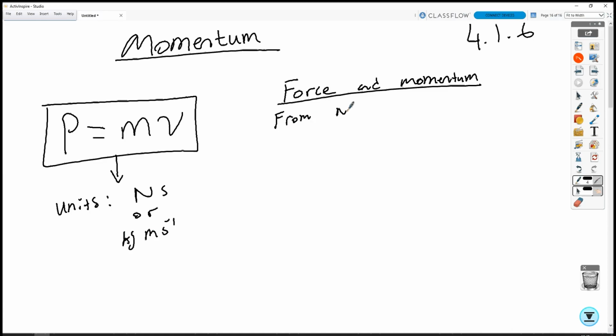So from Newton 2, force is equal to the rate of change of momentum.